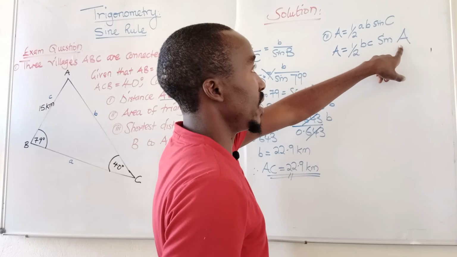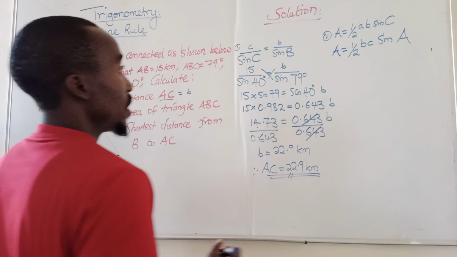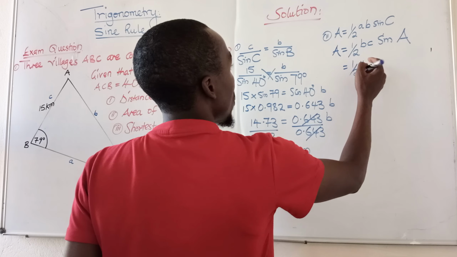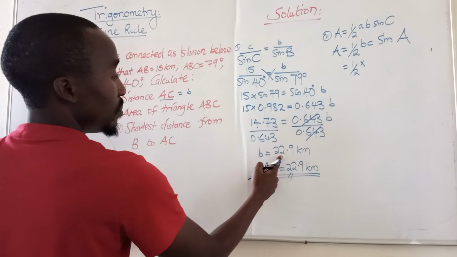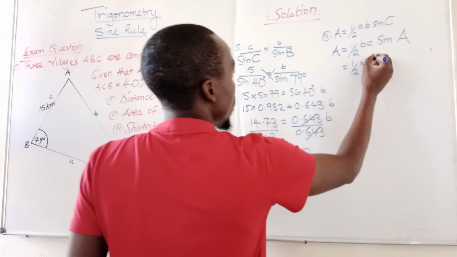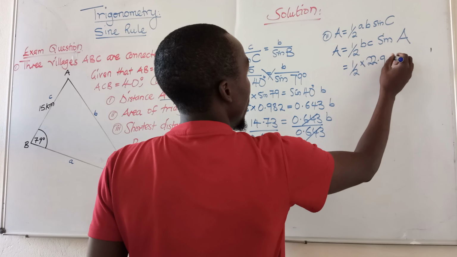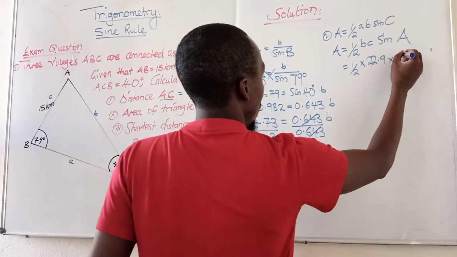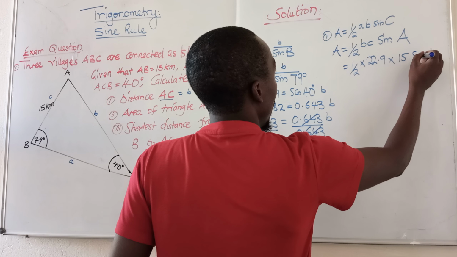So now, from there, we are going to replace. This will equal half times, what is side B? Side B is what we have found here, 22.9, times side C, which is 15.